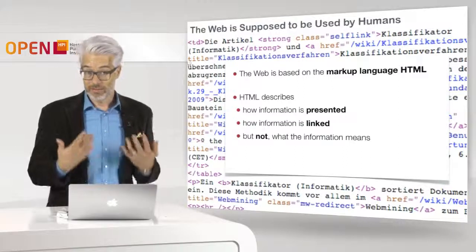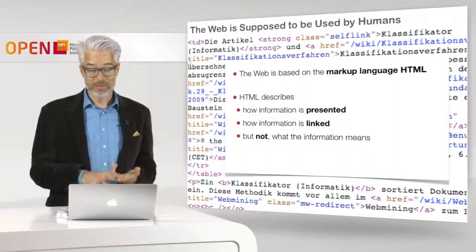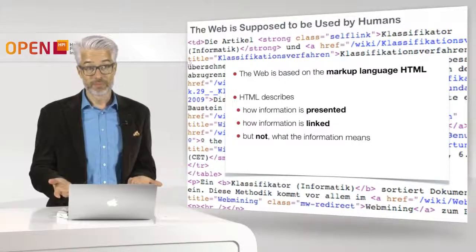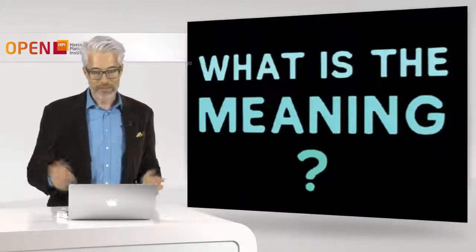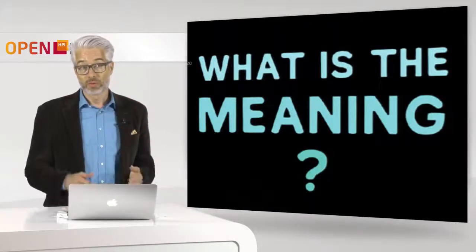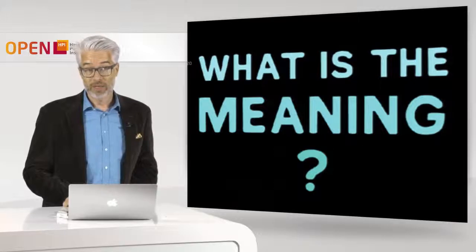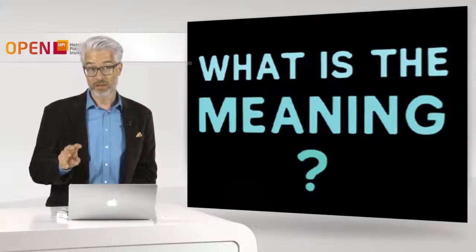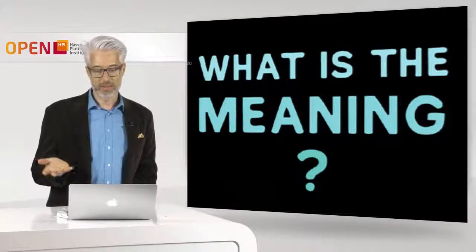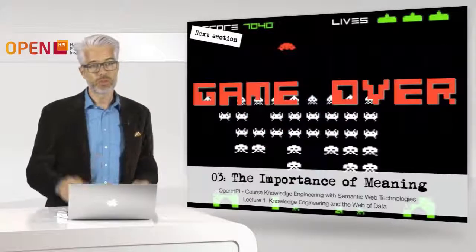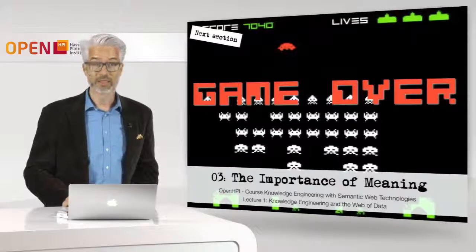HTML does not tell us what this information really means. And this is the problem with which we will leave this part of the lecture. The problem is, how do we get the meaning of the information that is in the web? And we will talk about the importance of meaning in the next part of the lecture.